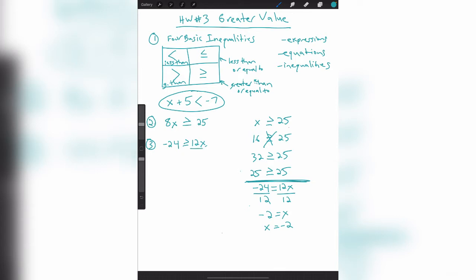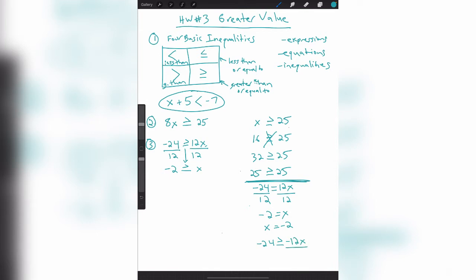So if I divide each side by 12, this looks very similar to the problem I just did. I get negative 2 and I get x. And now you're just going to bring down this symbol, whatever it is. Now, let's say the problem looked like this: negative 24 is greater than or equal to negative 12x.